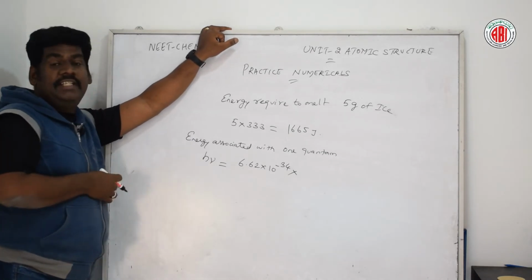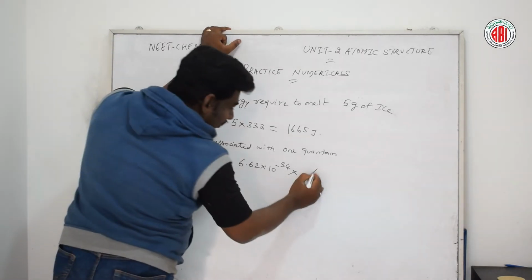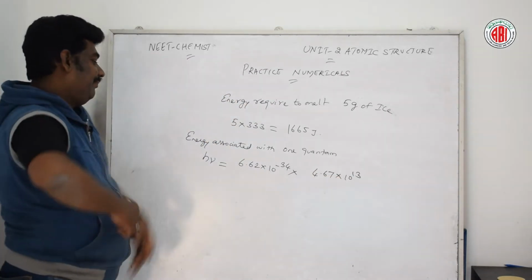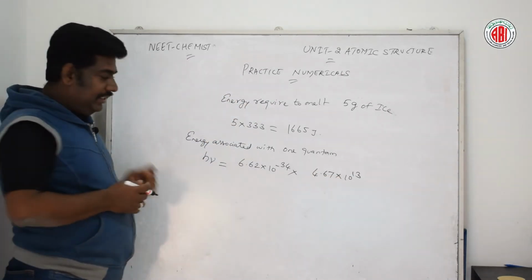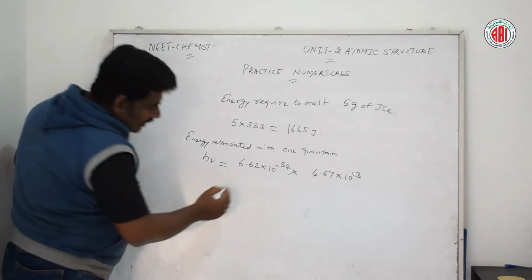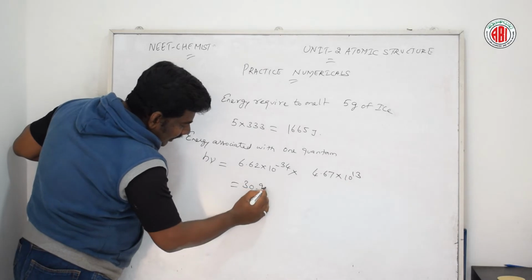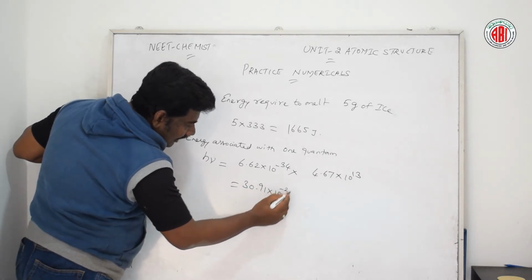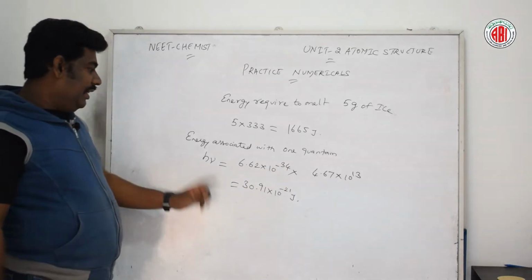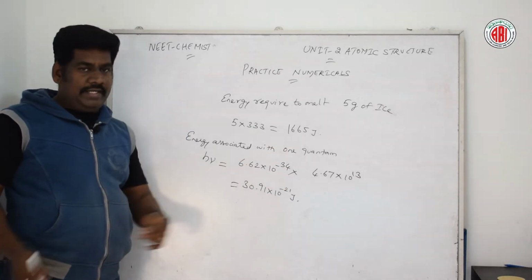So nu value is nothing but frequency, that is 4.67 into 10 to the power of 13. Now simplifying this, we get the energy associated with one quantum, that is 30.91 into 10 to the power of minus 21 joule. This is the energy associated with one quantum.